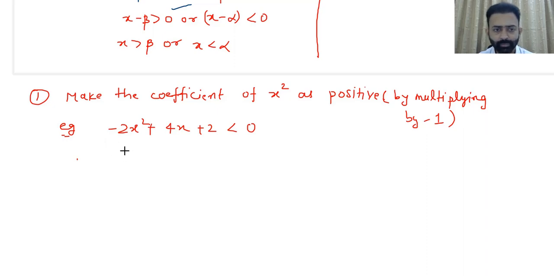So the moment I multiply this inequality by a negative number, this will become 2x square, this will be minus 4x, this is minus 2, and the sign will be reversed. Instead of less than 0, it will become greater than 0. Reason why?